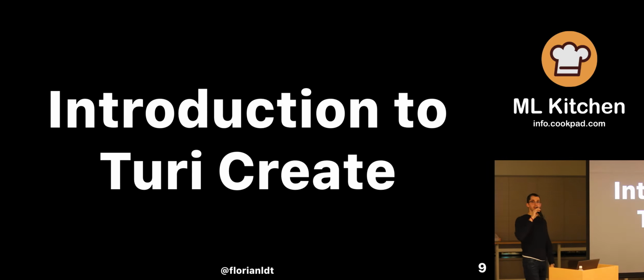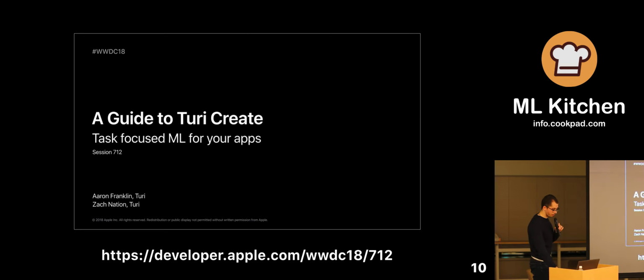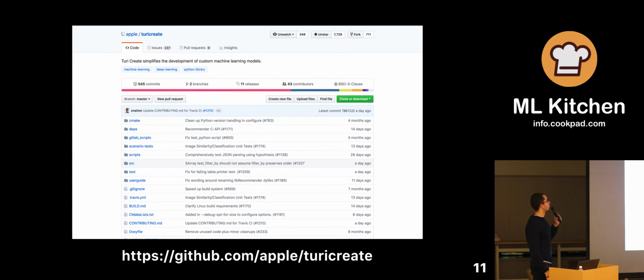So I will now introduce the framework I use for this, which is called Turi. The company Turi was bought by Apple in 2016, and the framework was released during last WWDC, which is a big iOS conference, and this tool is open source, so you can find it on GitHub.